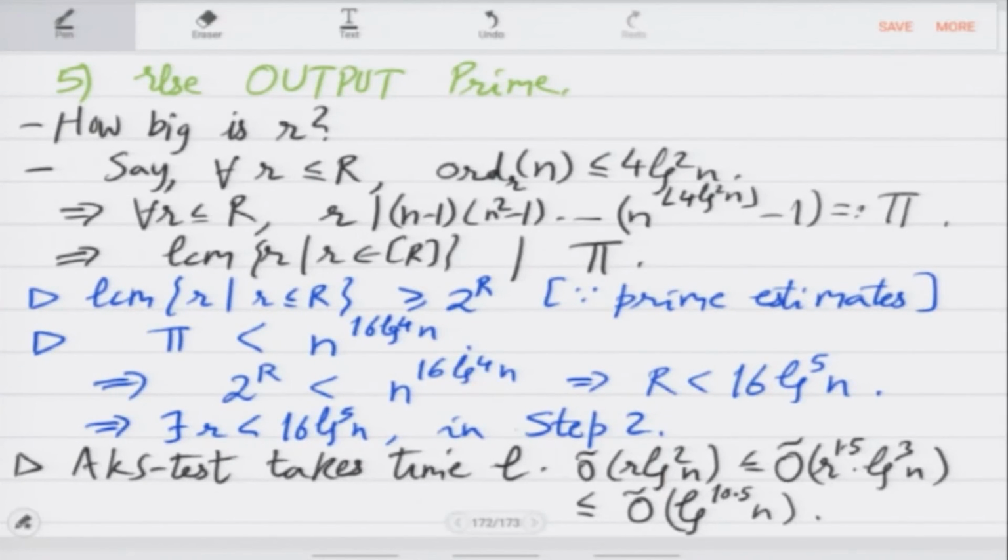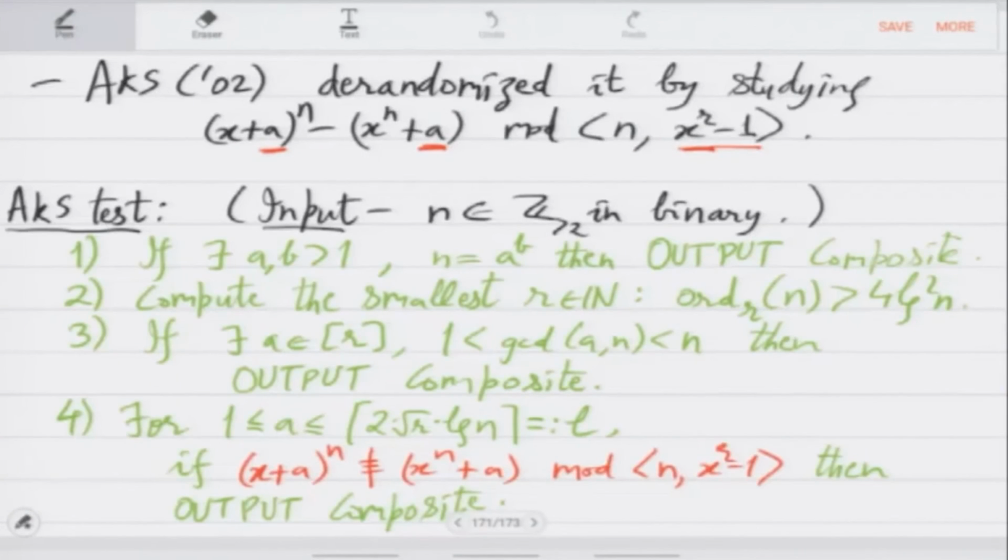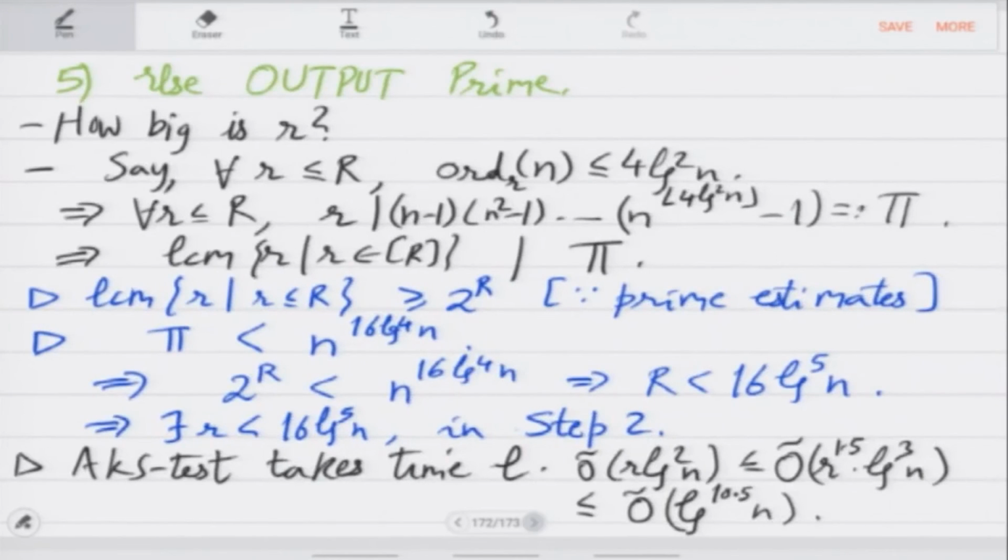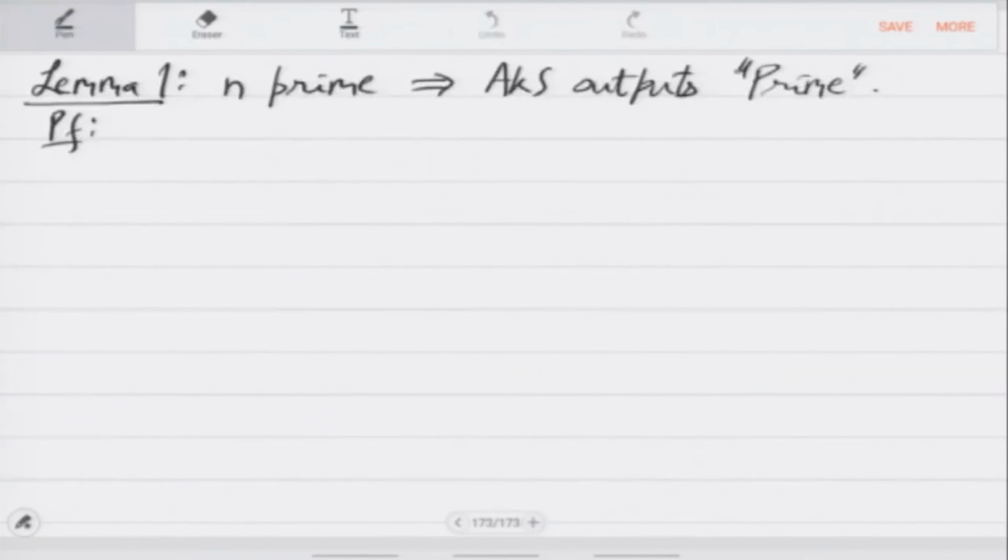Well, because if you look at the algorithm, the only place it can output composite is if n is a perfect power, which it is not, if n factors in step 3, which it will not, or in step 4 this congruence fails, which it will not, right. So the only possibility is prime.